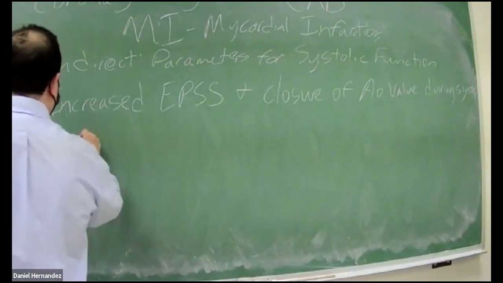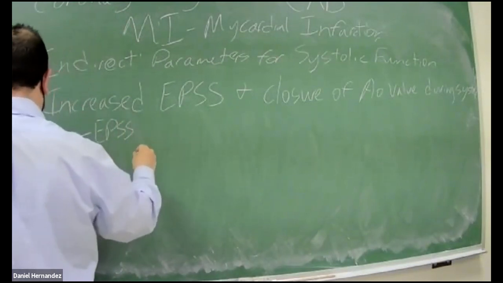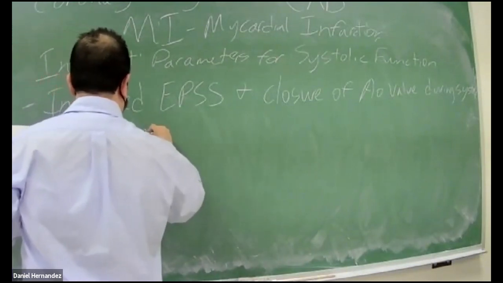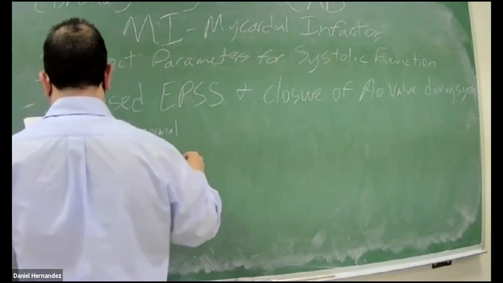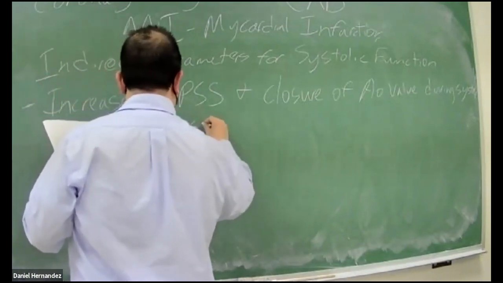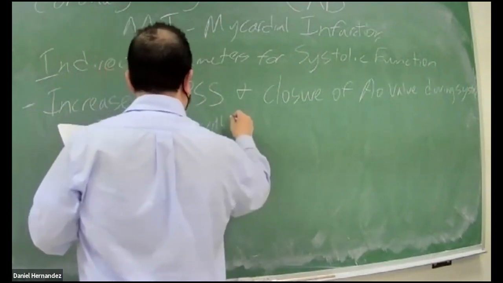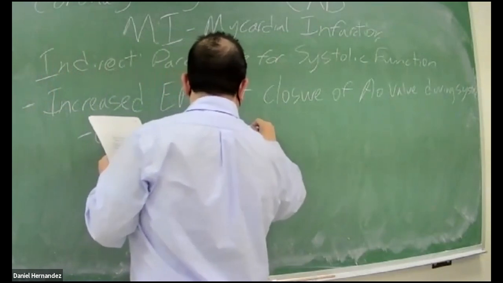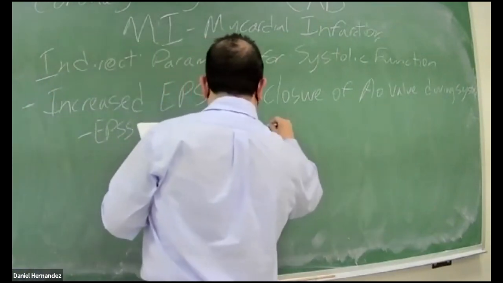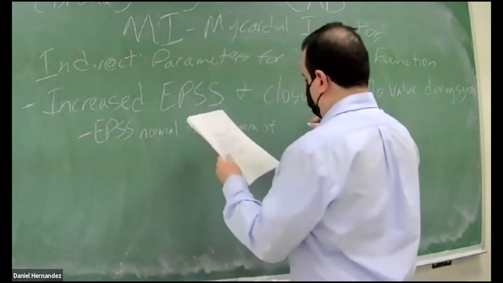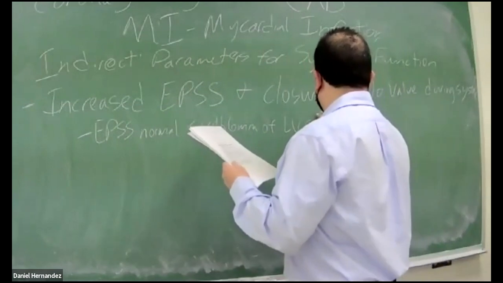So under EPSS, normal is within 6 millimeters of the LV septum.